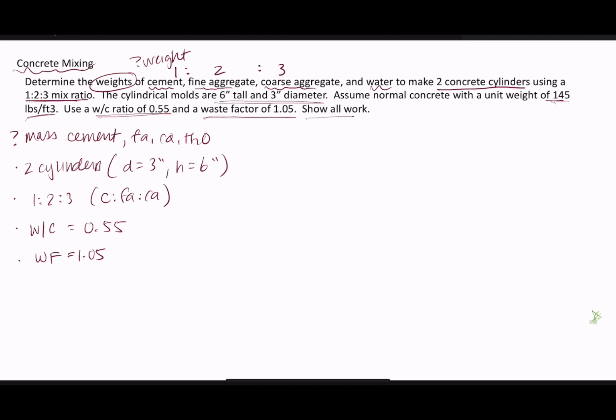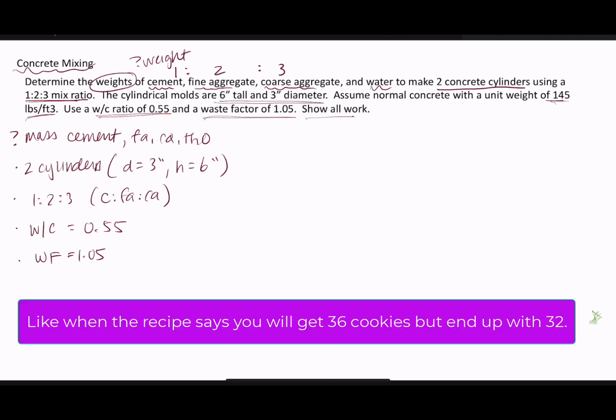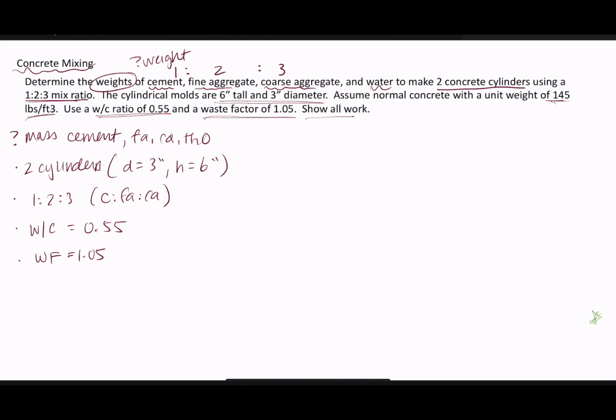Because with most things in life, we don't always get the exact amount. Stuff sticks to the place where you mix it, you lose little bits here and there, you make a mistake when you get started. All these are places where we lose stuff, so we need to plan for that. So this is what we know.